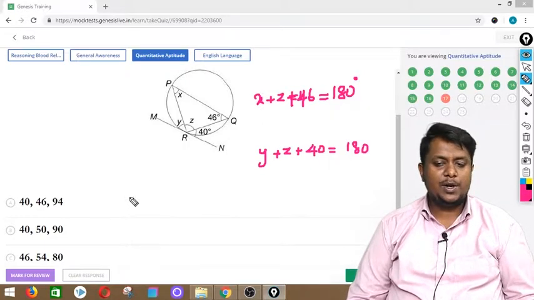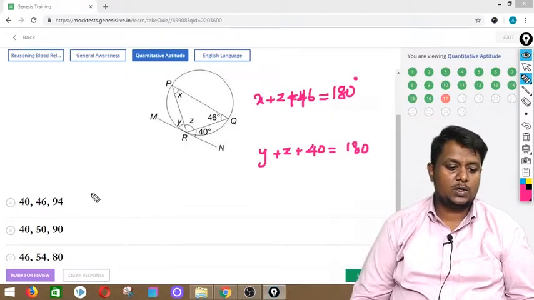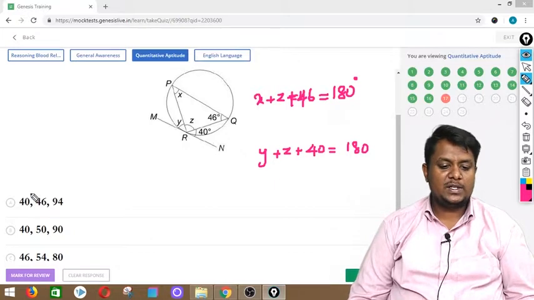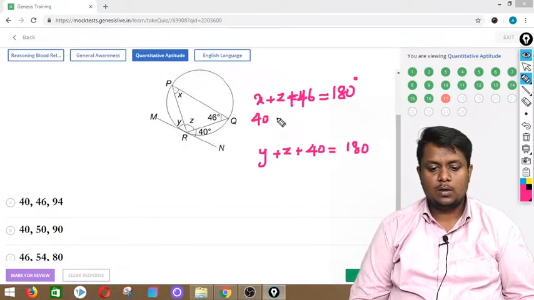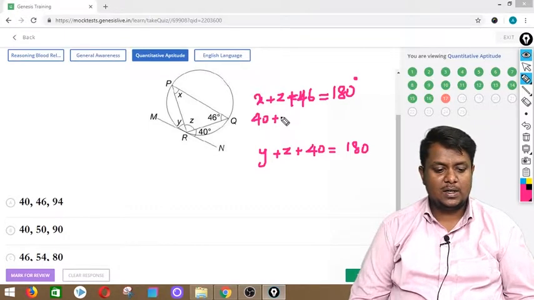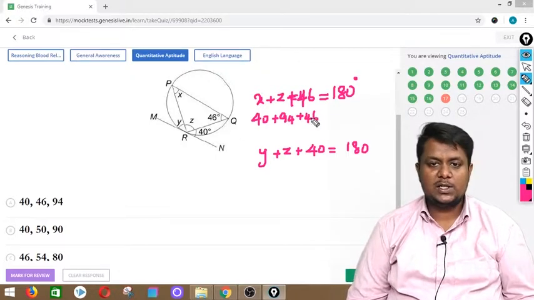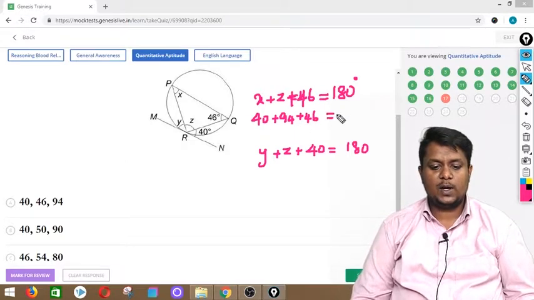Now let us substitute the options first and see whether this works out or not. 40 is X, okay. 46 is already there, okay. That is Z value is 94 plus 46. It is actually 94 plus 46 is 140, 140 plus 40 is 180.